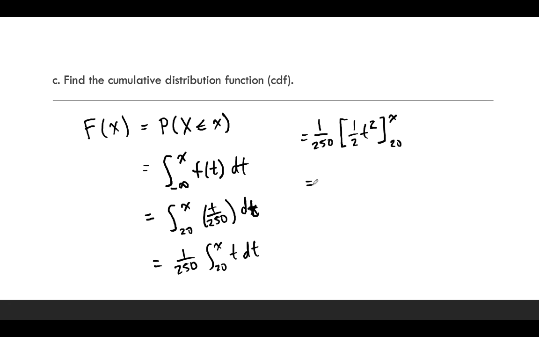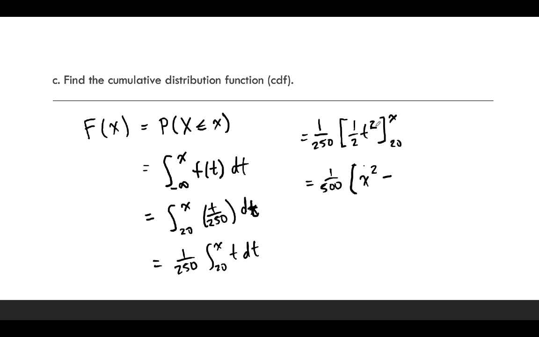Okay, and when you're calculating this, first of all, I'll pull out this 1/2 and multiply it over here, and I get 500. And then inside here, what I end up with is, first of all, I substitute this x, the upper bound. I get x squared minus, and then secondly, I substitute the lower bound.